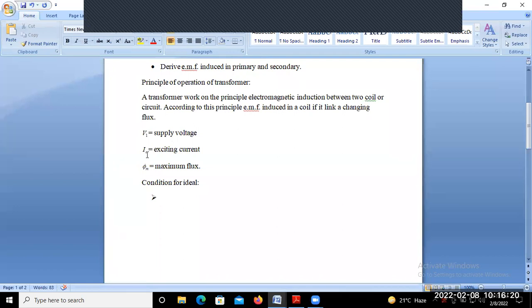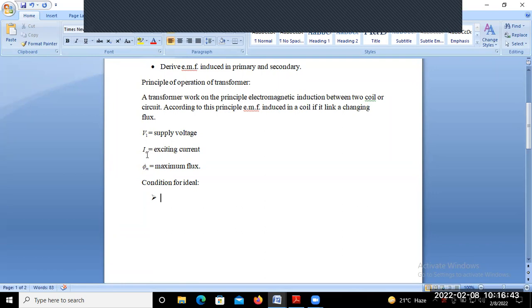Resistance and inductance. So if any coil consists of resistance and inductance, and we consider the resistance to be 0, that means the winding resistance we should neglect here.